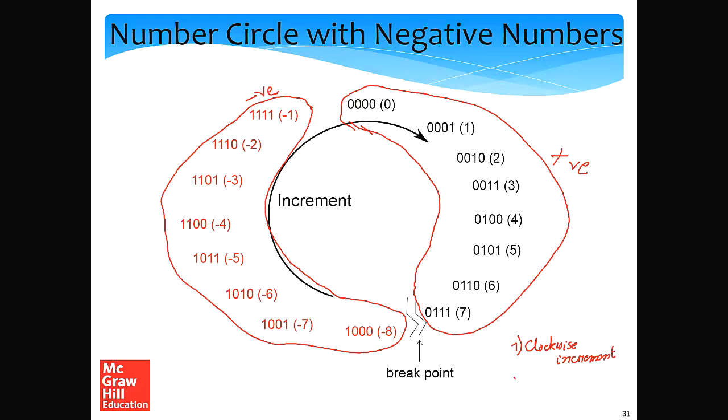Second, the notion of the sign bit is there, in the sense that all the positive numbers have their MSB, or most significant bit, equal to 0, and all the negative numbers have their MSB equal to 1. So the notion of the sign bit has been preserved. This will come in useful.